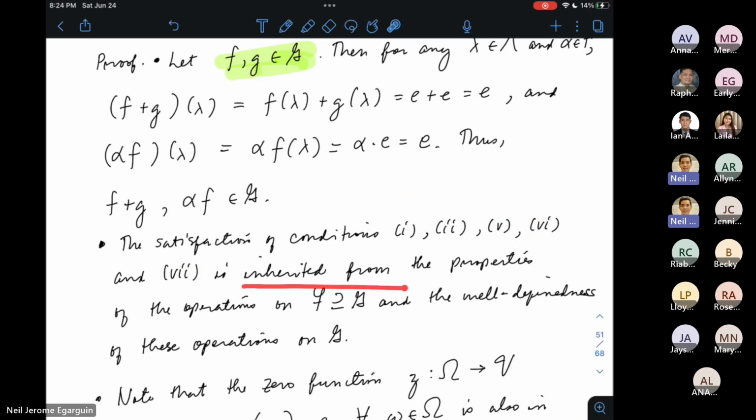They are just all inherited mula dun sa properties ni F being a vector space.